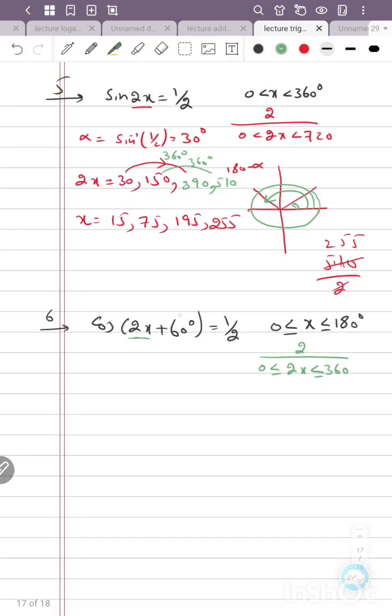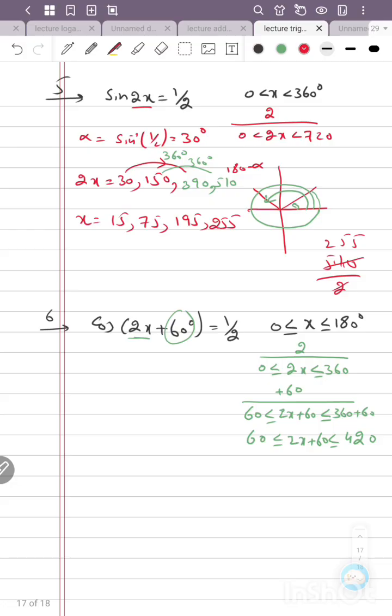Now further add 60, we get 60 less than or equal to 2x plus 60, and here is 360 plus 60, we get the answer 420. Hopefully dear student you understand this level of difficulty of questions.